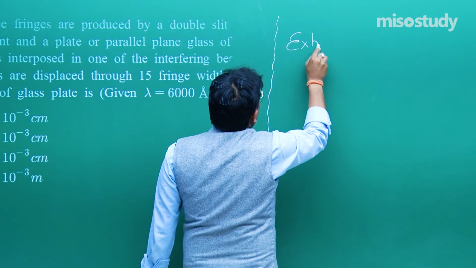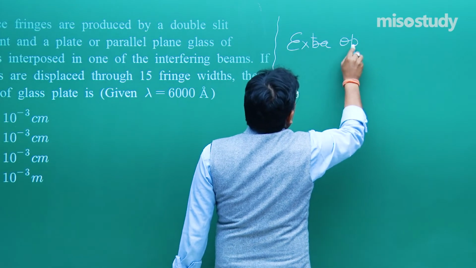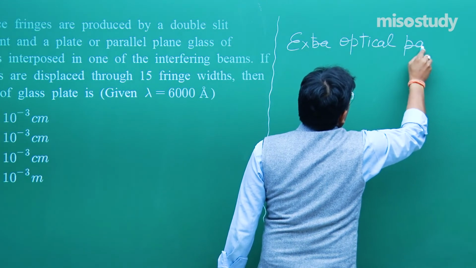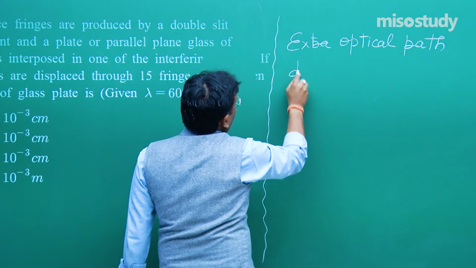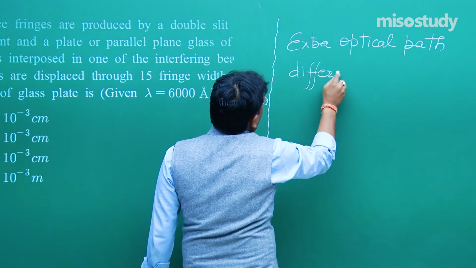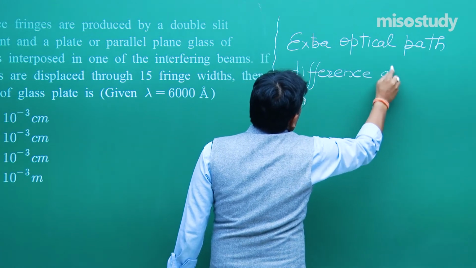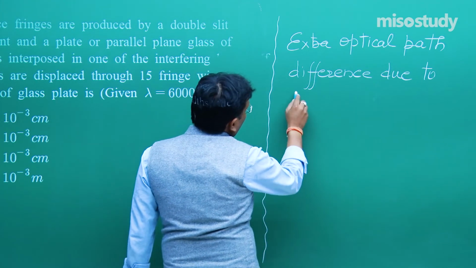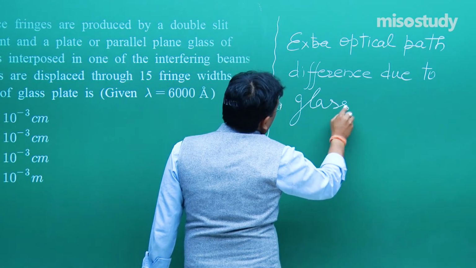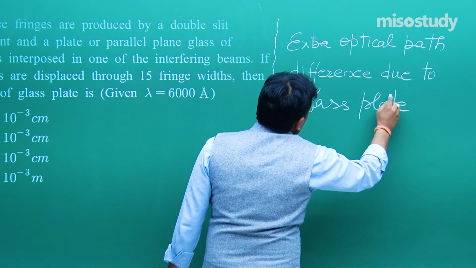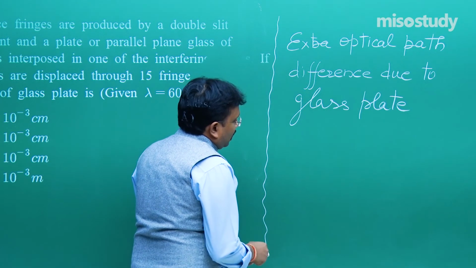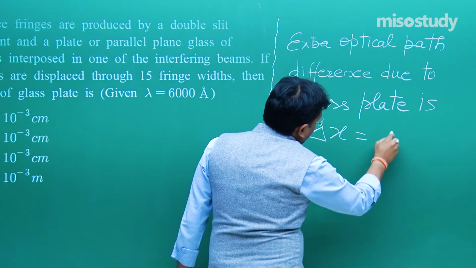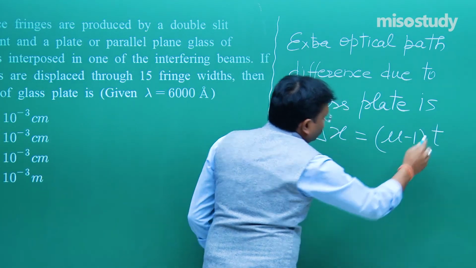Extra optical path difference due to the glass plate is delta x equal to mu minus 1 into t.